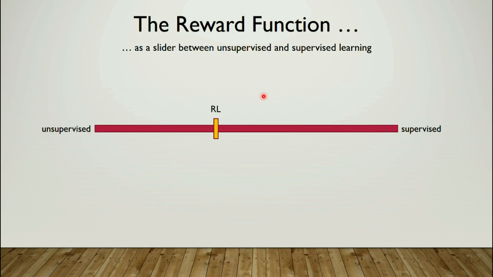Okay, so I want to talk a little bit more about the reward function really briefly. This is just something that I want to do before we move on and build our own MDP. The reward function can be interpreted, as I already said, as a way for us to communicate with the algorithm, and it can be interpreted as a settable parameter that specifies how supervised my MDP, or the problem that I want to solve, is. So we have unsupervised learning methods, and we have supervised learning methods in the machine learning universe, and reinforcement learning is considered to be somewhere in the middle.